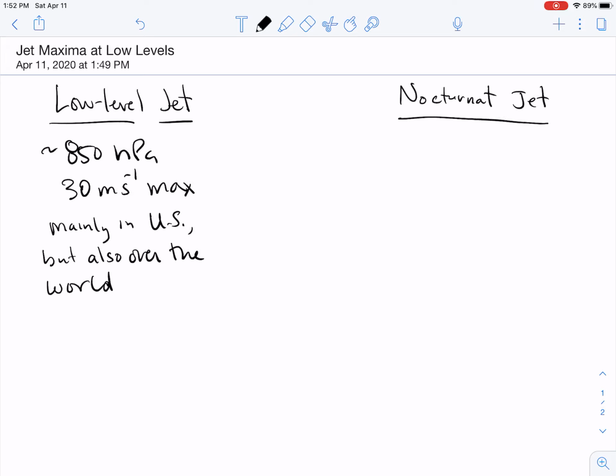The nocturnal jet occurs about 800 meters above ground level, or AGL, so maybe about halfway up to where we would otherwise indicate the low-level jet. This nocturnal boundary layer wind maximum occurs when the boundary layer decouples from the free atmosphere.